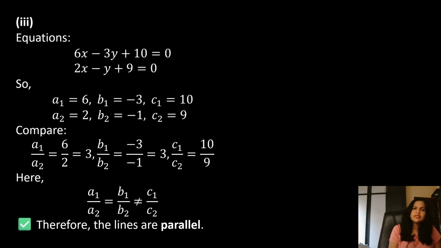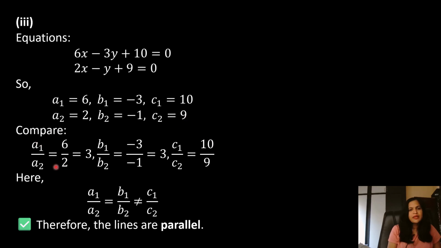Then third equation, 6x minus 3y plus 10 equal to 0 and 2x minus y plus 9 equal to 0. From this we get a1 equal to 6, b1 equal to minus 3 and c1 equal to 10. Next, a2 equal to 2, b2 equal to minus 1, c2 equal to 9.